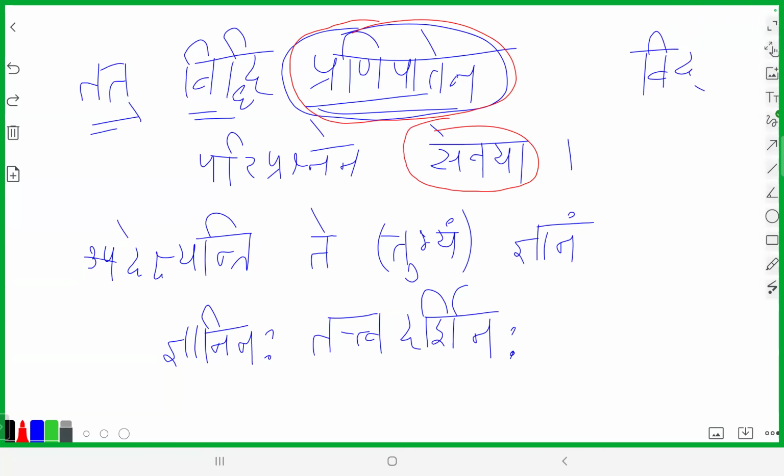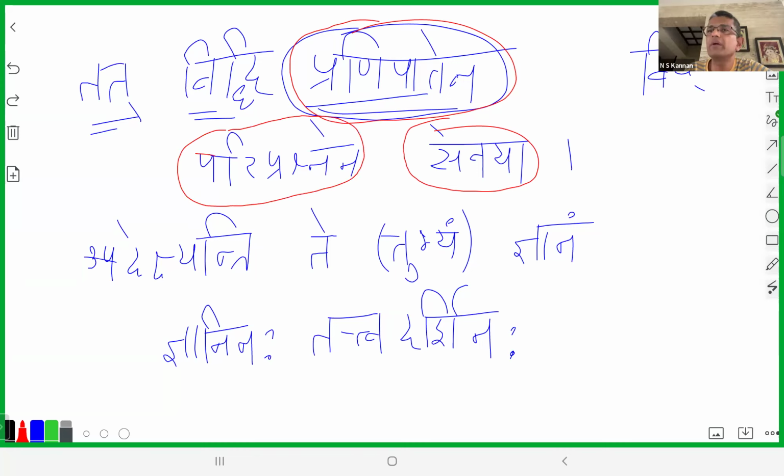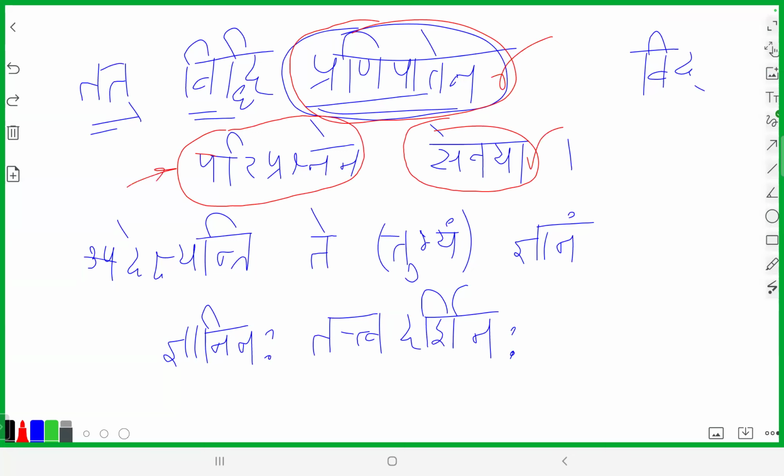I kept it last because this and this are very common. But who goes and asks the guru anything? Not even prashna. But here he is saying pariprashna.